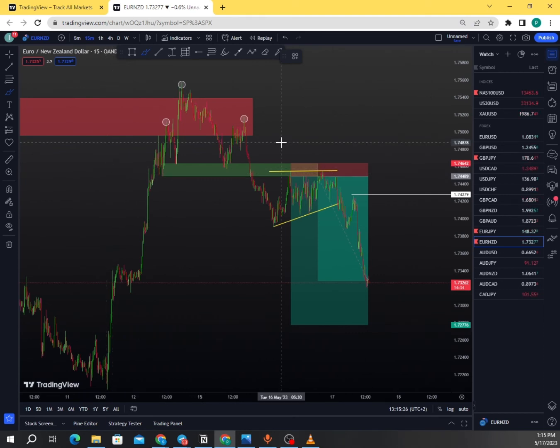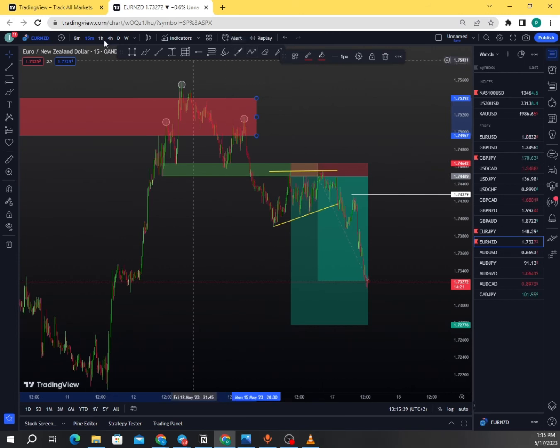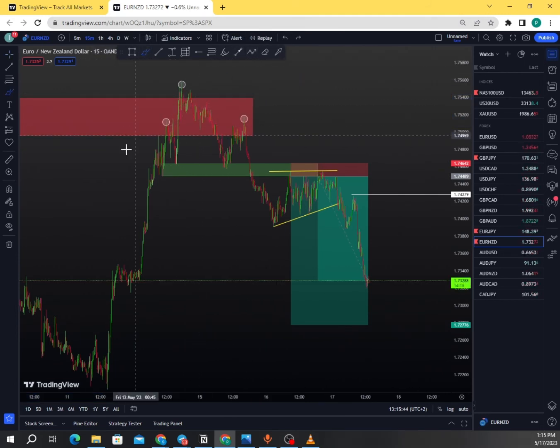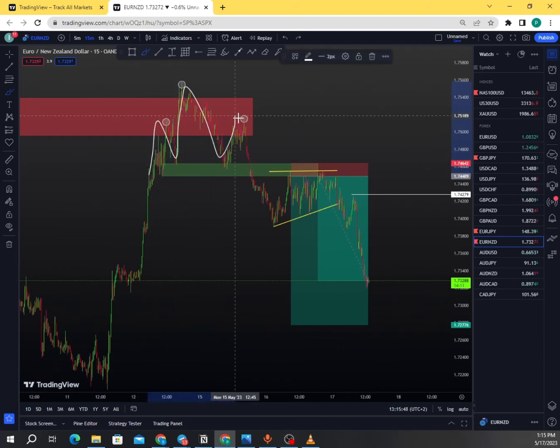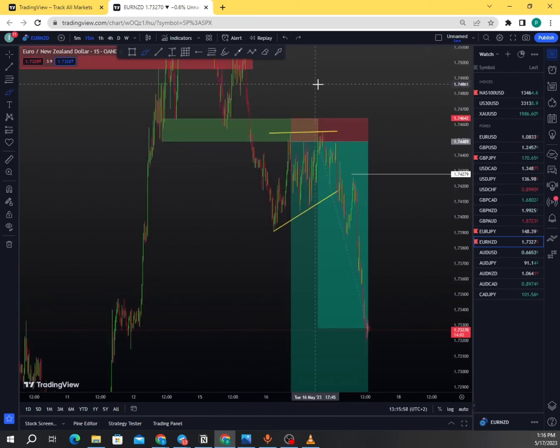Remember guys, we have to look left so that we can predict what is going to happen on the right. By looking left, I found that there was this supply here, which price was respecting previously, and then price came and respected this supply here, and I was patient enough to wait for this head and shoulders, and I waited for the price to break this neckline and come back to retest the neckline. So this was the trade that I caught on EURNZD.